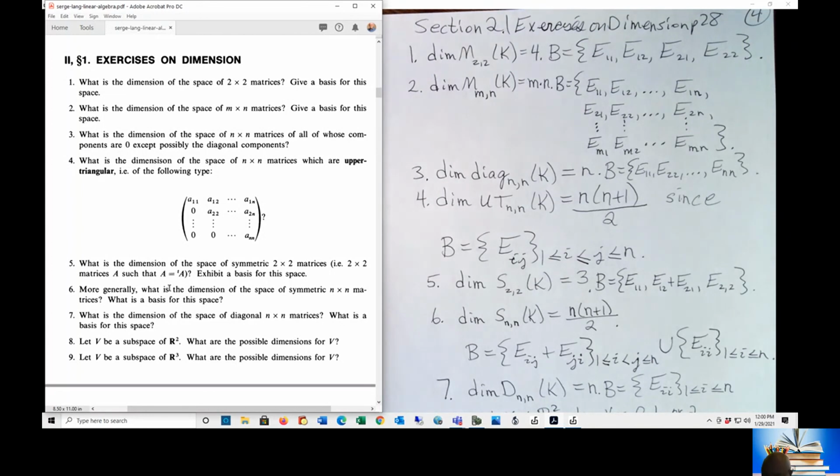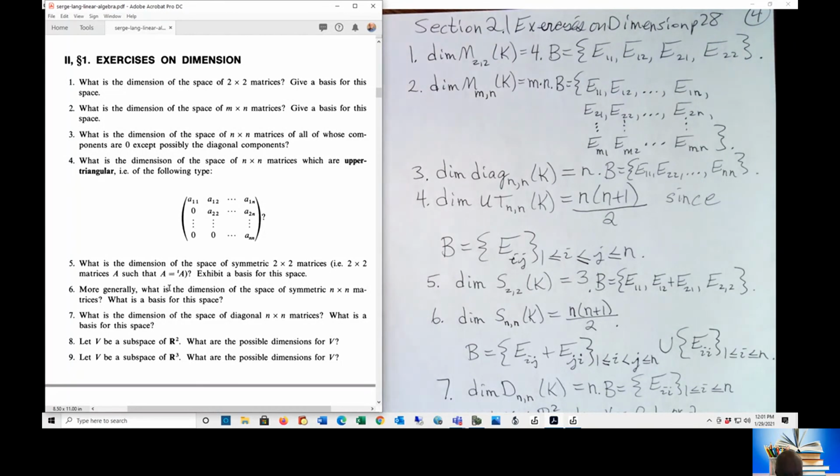But if n is 3, then you get 3 times 4 is 12, divided by 2 is 6. So for the 3 by 3 upper triangular matrices, it would have dimension 6. And the elementary matrices are E_ij, i less than or equal to j, running from 1 to 3. There's 6 of them. Okay?